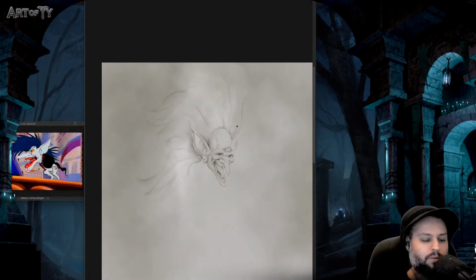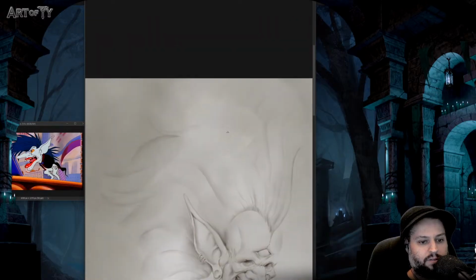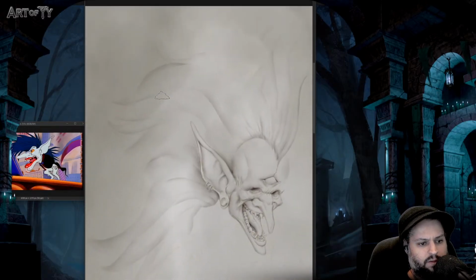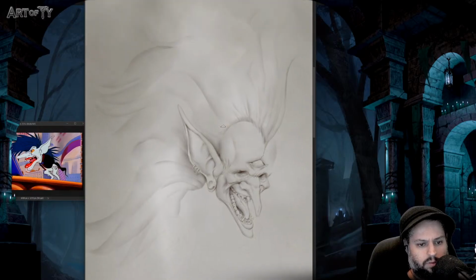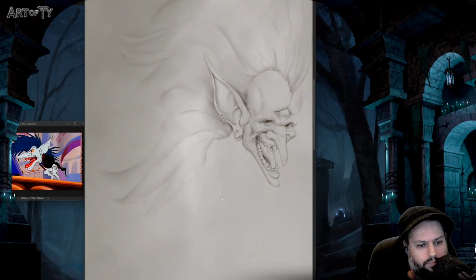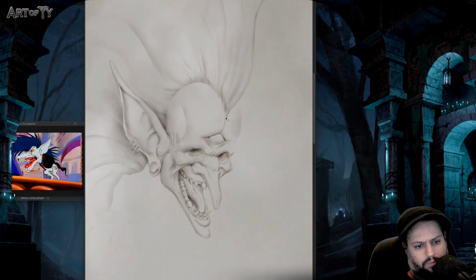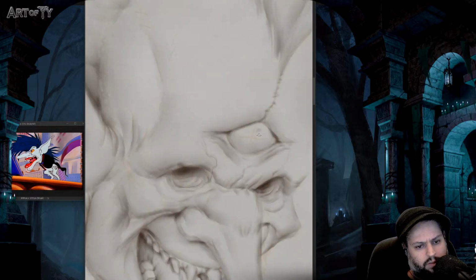It's kind of cool, we're getting a little better sense of how that giant hair shape is going to read. I guess we can put in a little shadow for this creepy eye design.